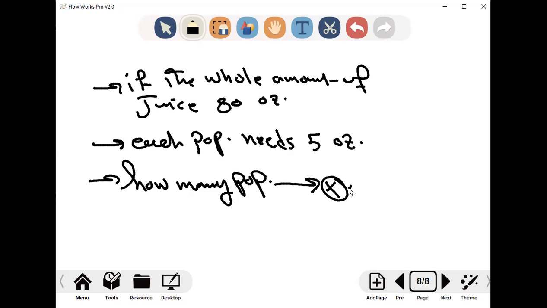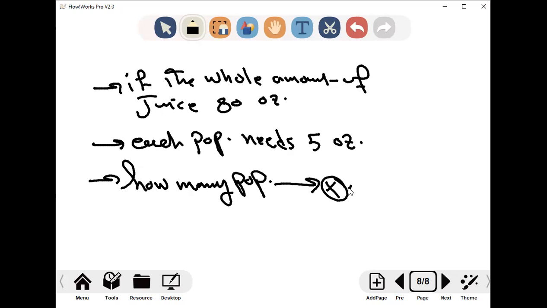Each one needs 5, and I want to make 6. I'm multiplying 6 by 5. How much? 30. Assume that I want to make 10 popsicles. 10 by 5, right? 50. Assume that I want to make 12 popsicles. 12 by 5. Assume that I want to make x popsicles.